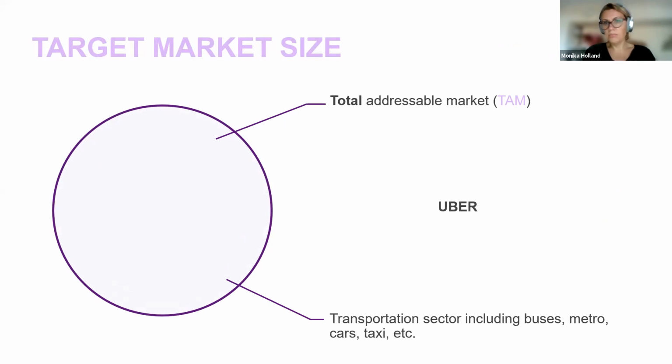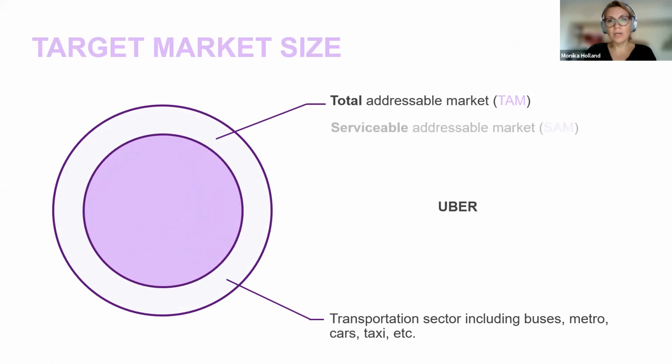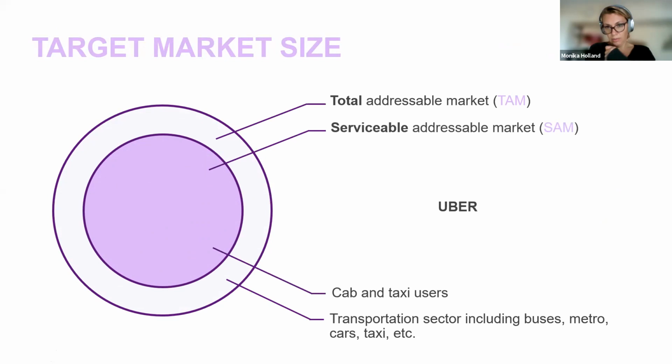is the transportation sector, including buses, metro, cars, taxis. So all the people that are taking any transportation service can take Uber, right? Then when we talk about SAM, we're narrowing it down to the people who actually use cab and taxi only.